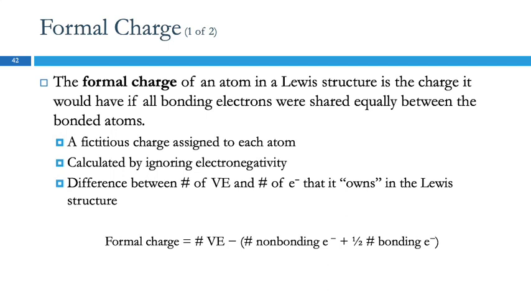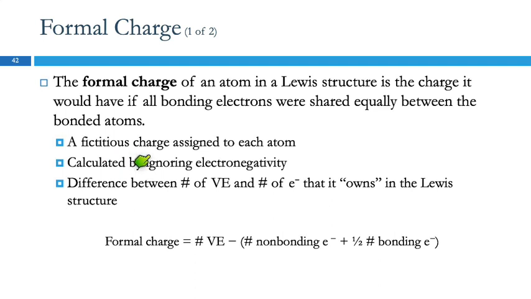To choose between those sorts of differences, like the one on the earlier slide where we had 2 different arrangements of the atoms, we use something called a formal charge. The formal charge is a little bit like oxidation state in that it's totally made up.